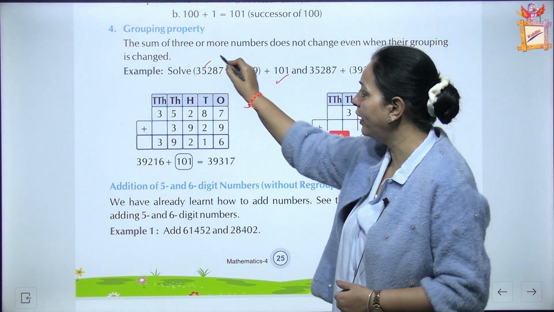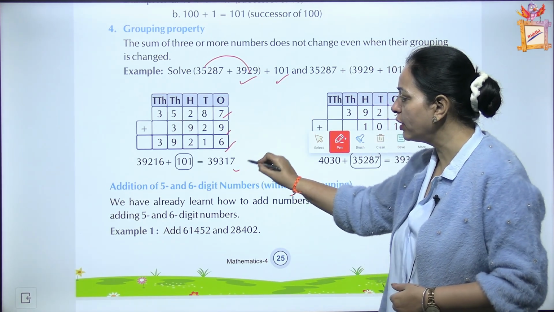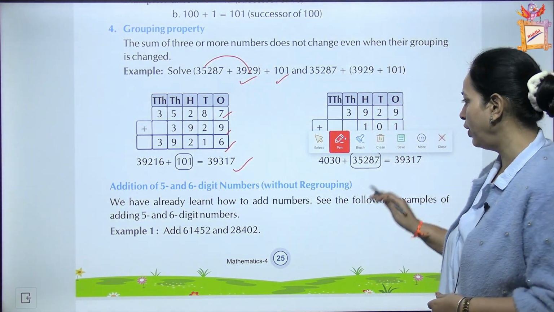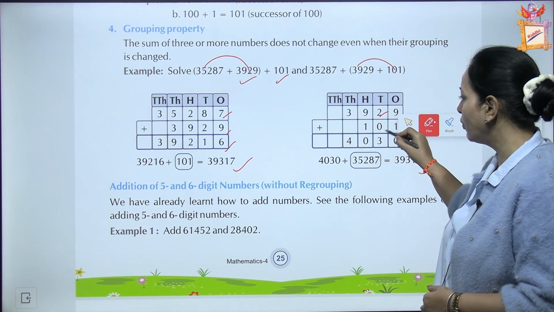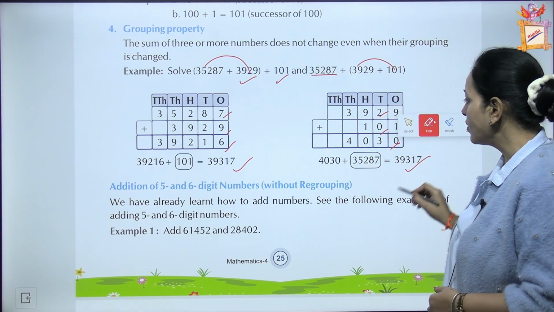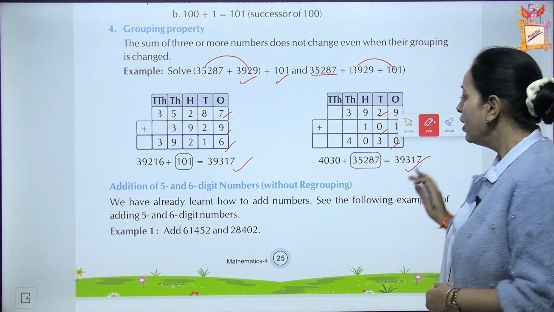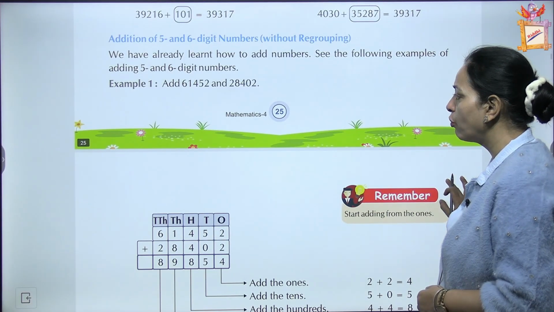Whether we add the first two and then add 101 to this number, this is the value. And here we add the last 2 numbers first, and then add this result to the first number, the answer is the same.